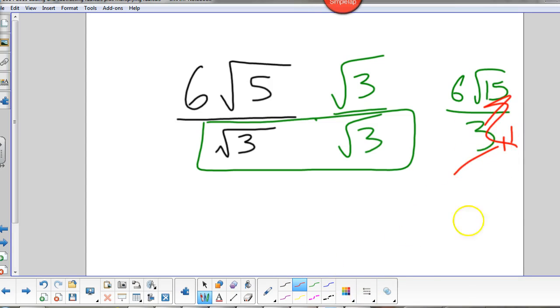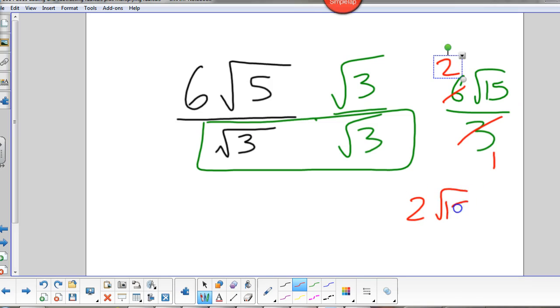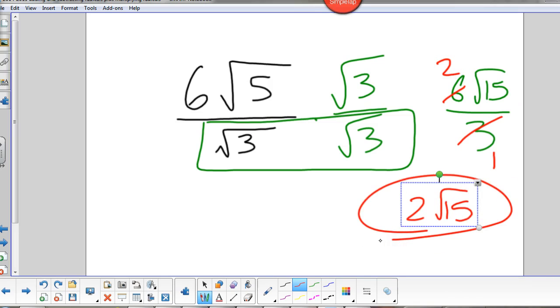And this often happens. All right. So it gives me 1 and 2. 2 root 15. That would be my simplified answer.